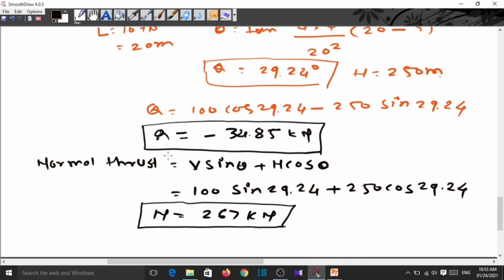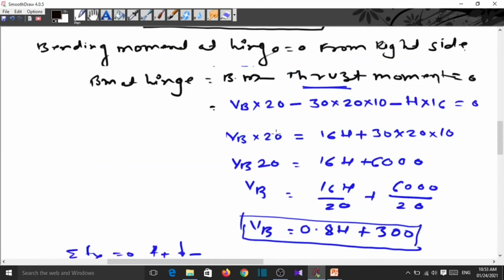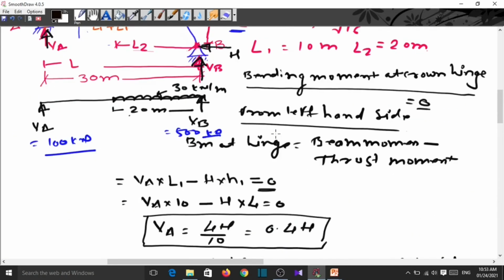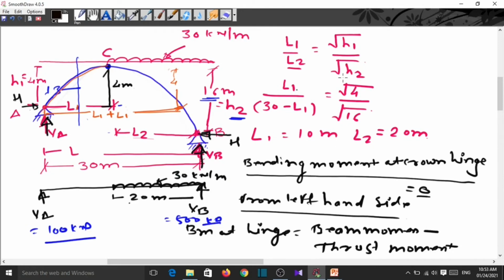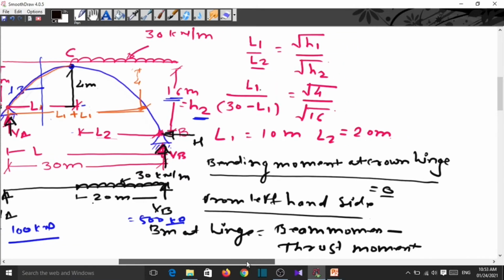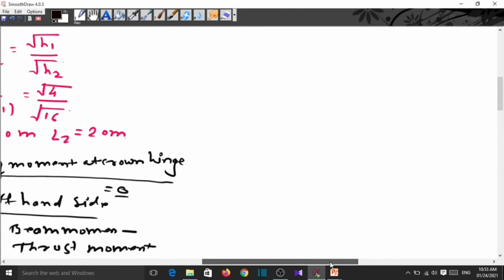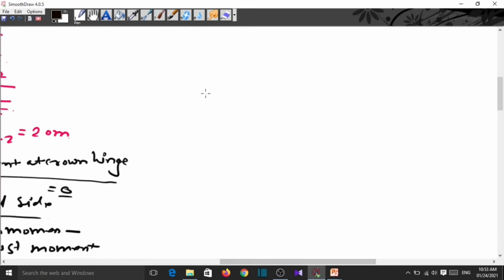Next part is the bending moment. Now first we want the maximum positive and negative moment. For that we have to draw the bending moment diagram. So suppose we draw the BMD, the BMD for the simply supported beam.